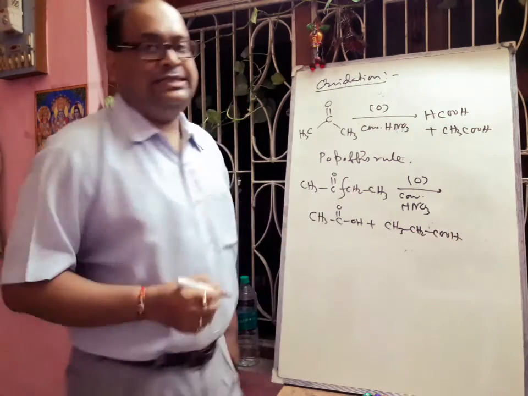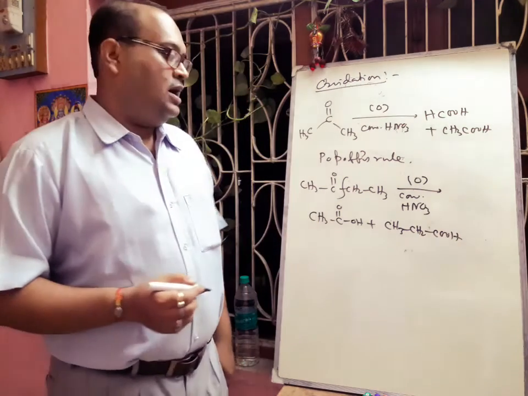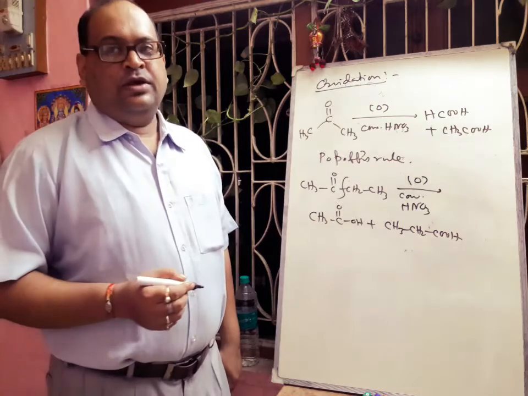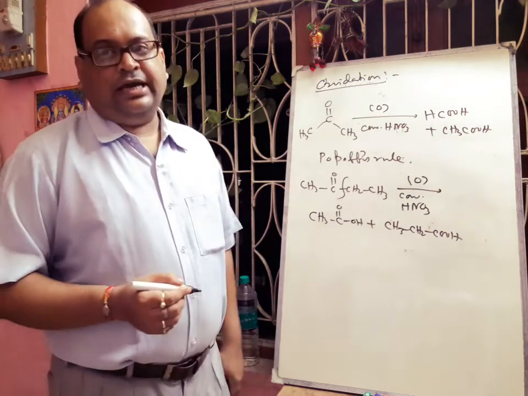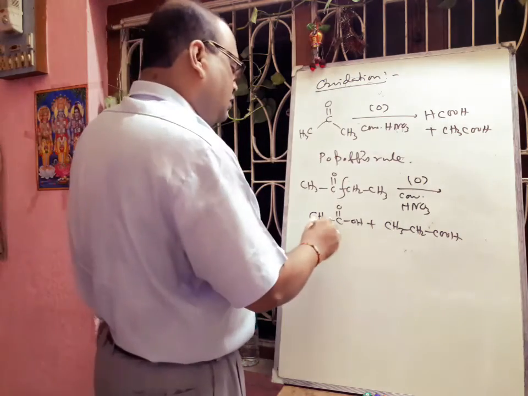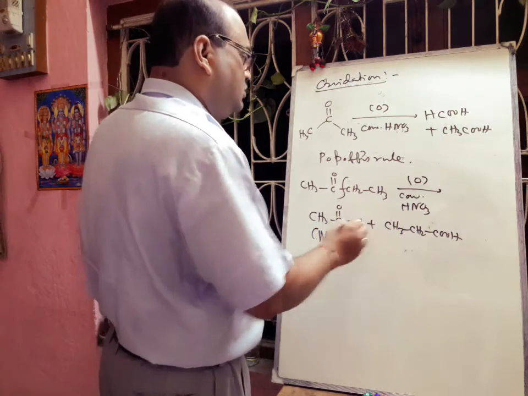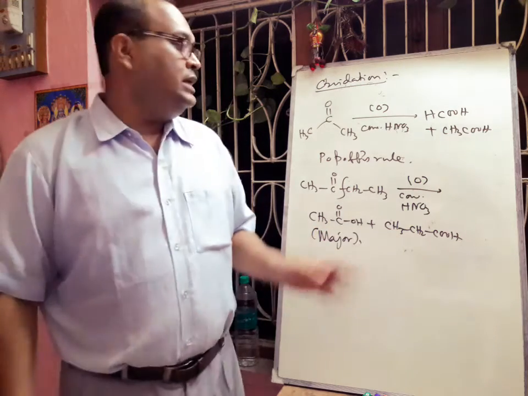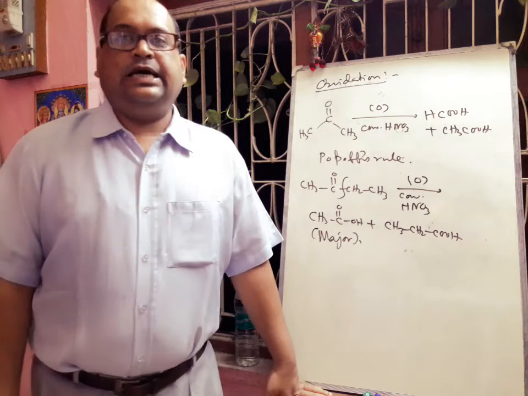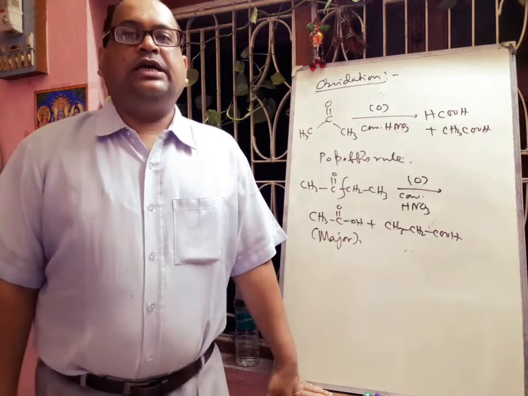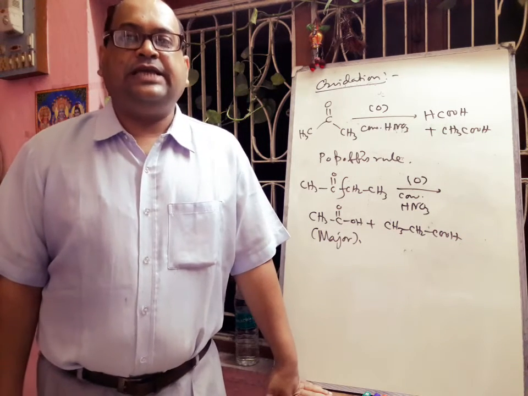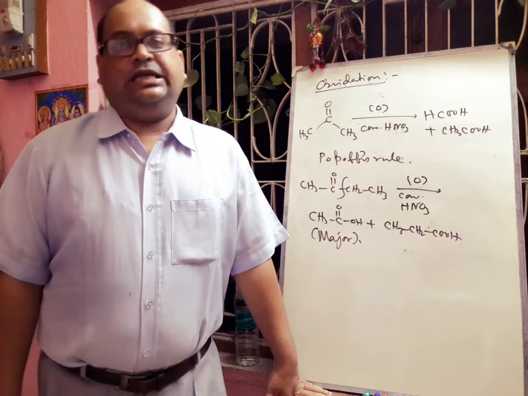One is acetic acid, another is the corresponding propanoic acid. Now which one is the major product? This one will be the major product. So from here we can easily understand Popoff's rule, that in case of unsymmetrical ketones, the keto group remains preferentially with the smaller alkyl group.